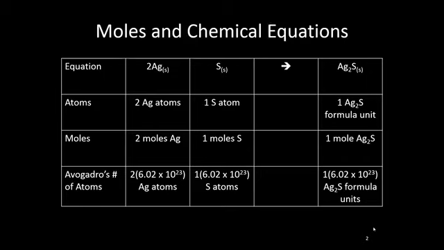Or if you care to think about moles in terms of number of atoms, then what we're really talking about is 2 times 6.02 times 10 to the 23rd silver atoms reacting with 1 times 6.02 times 10 to the 23rd sulfur atoms to produce 1 times 6.02 times 10 to the 23rd silver sulfide formula units.